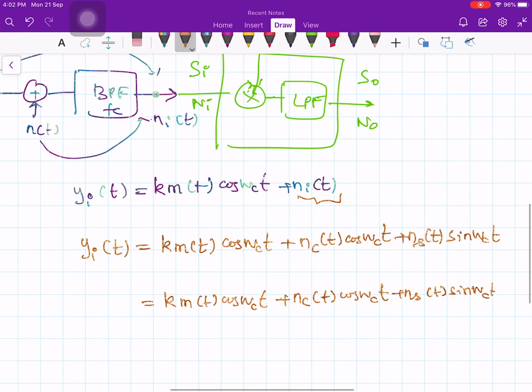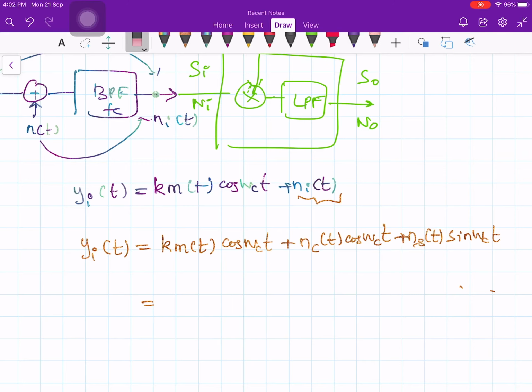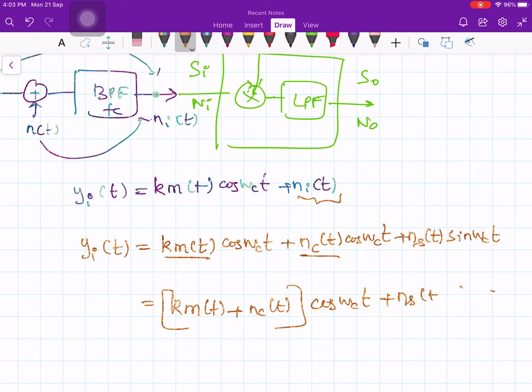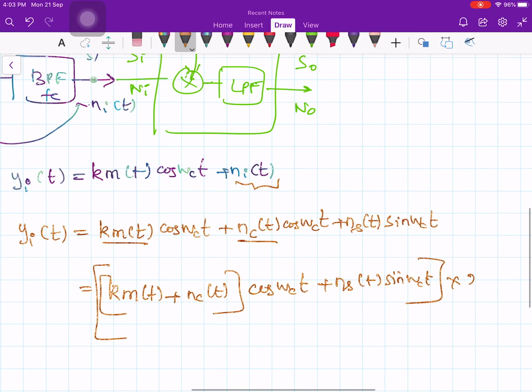Before that you can do one small arrangement here. You can combine the cos omega ct terms separately: k times m of t plus nc of t, the whole thing multiplied by cos omega ct, plus ns of t sin omega ct, then you multiply by 2 times cos omega ct.